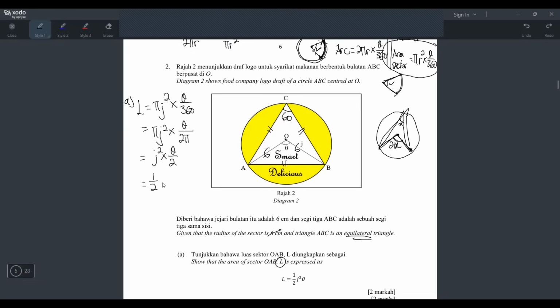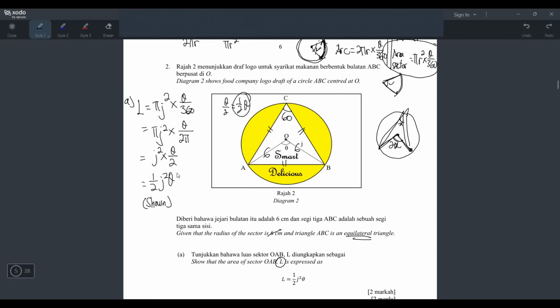It will be 1 over 2 times j squared theta, because the 2 is at the bottom. So theta over 2 is the same as 1 over 2 theta. I arrange it a little: the 1 over 2 I write in front, followed by j squared theta. And then it's done. This is the formula shown.